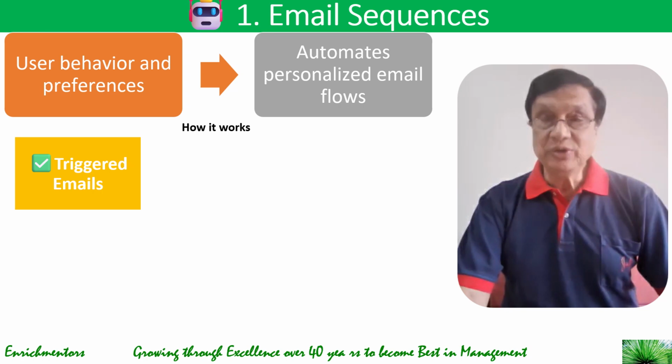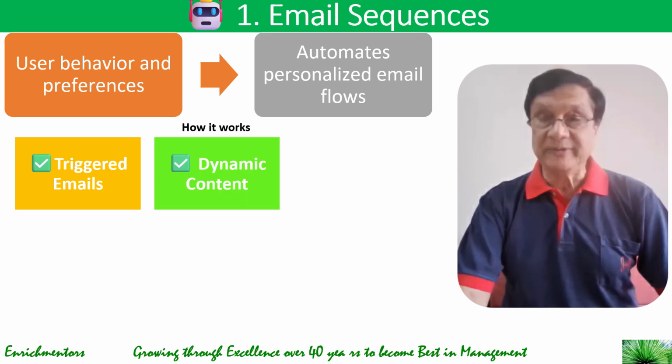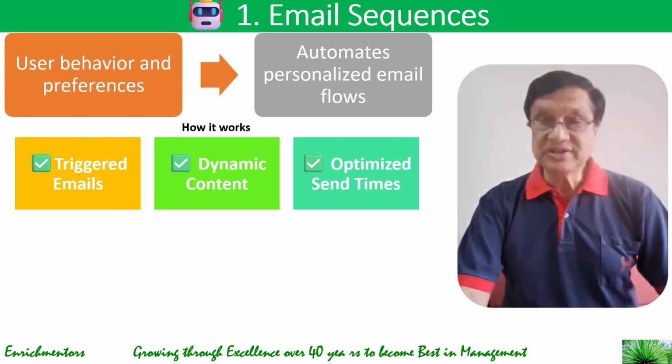Second thing AI can do is dynamic content. AI can personalize subject lines, product recommendations, promotions based on the user profile and purchase history. Third, the AI can predict when each user is most likely to open emails based on the engagement data and schedule sends accordingly.